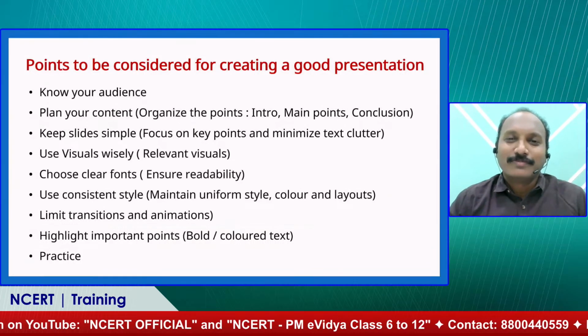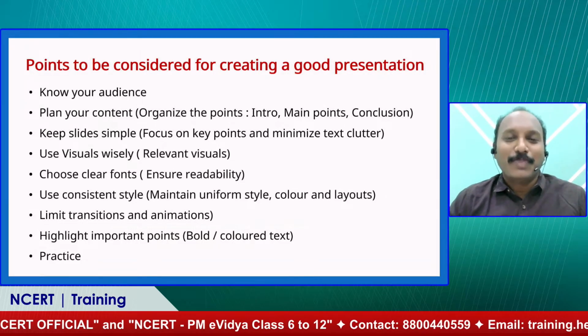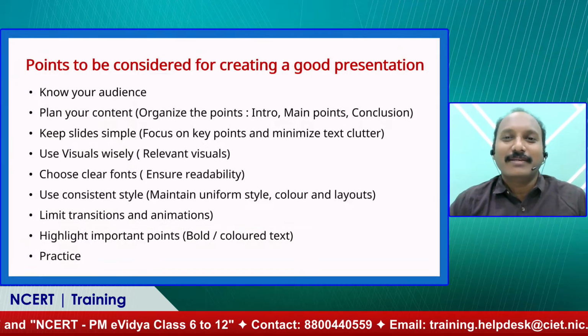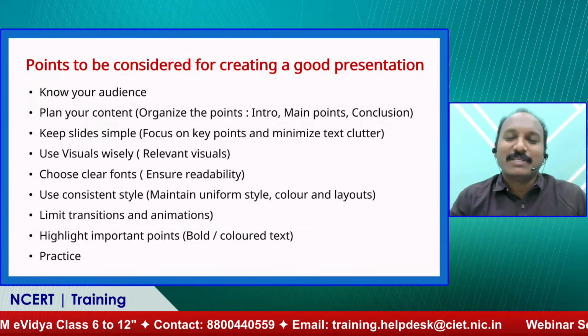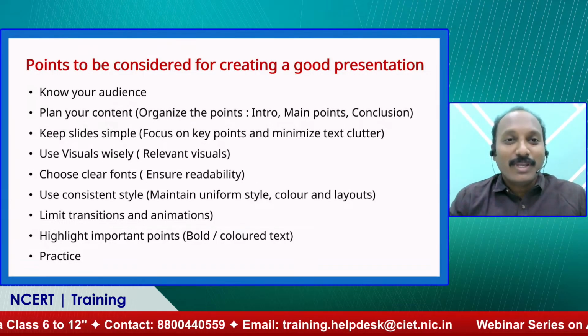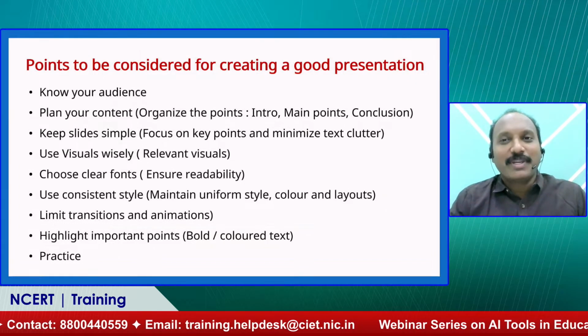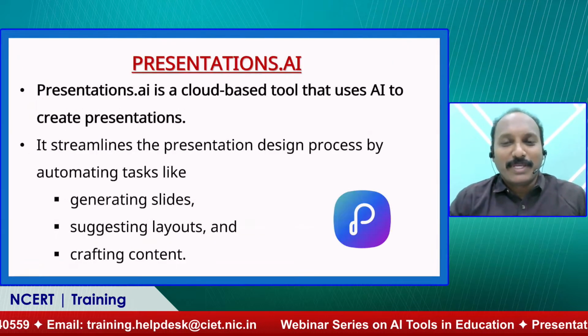Another tool is artificial intelligence. The presentation AI tool will focus on all these things, and considering all the points, it can create an instant presentation for us. That's why I wanted to recall these essential points for creating a good presentation. Now let's get into the topic directly.